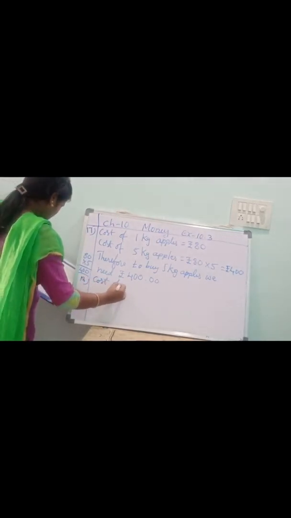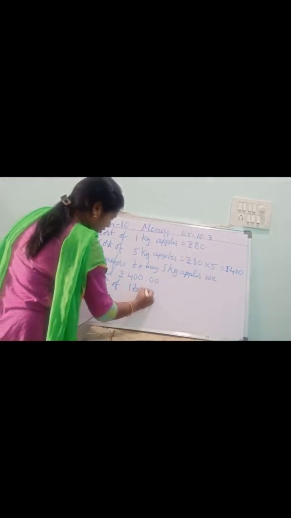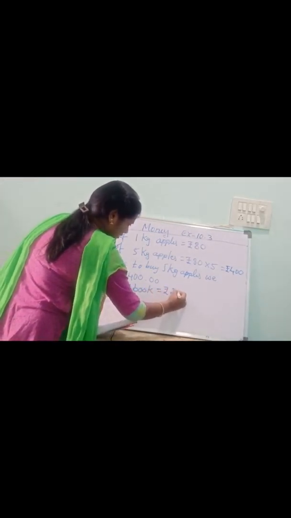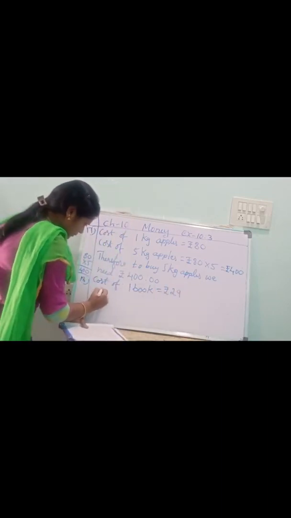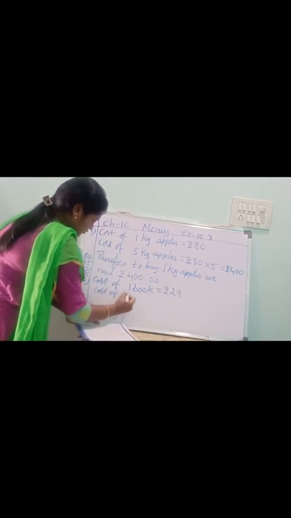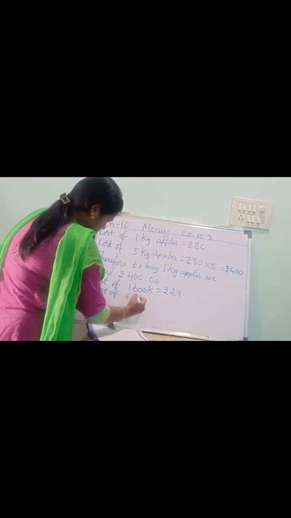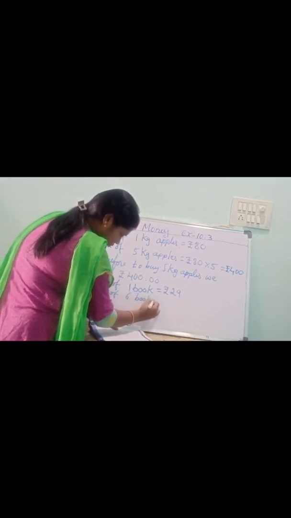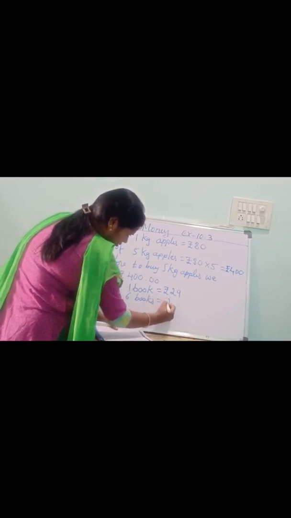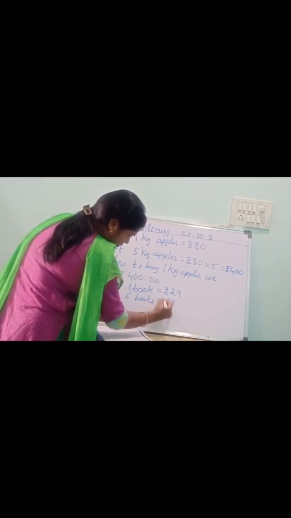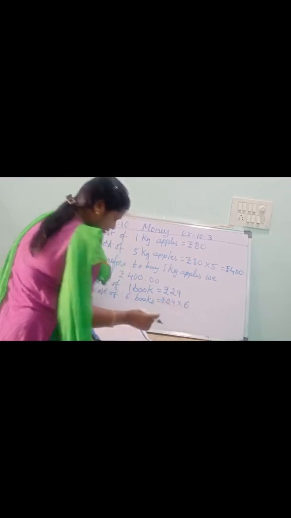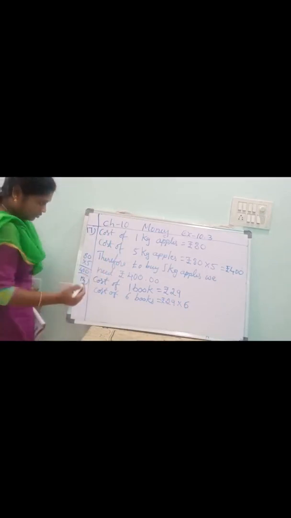Cost of one book is rupees 29. Cost of 6 books is equal to 29 into 5. Sorry, 6. Because 6 books you should find. That's it. Okay. Now what you have to do?